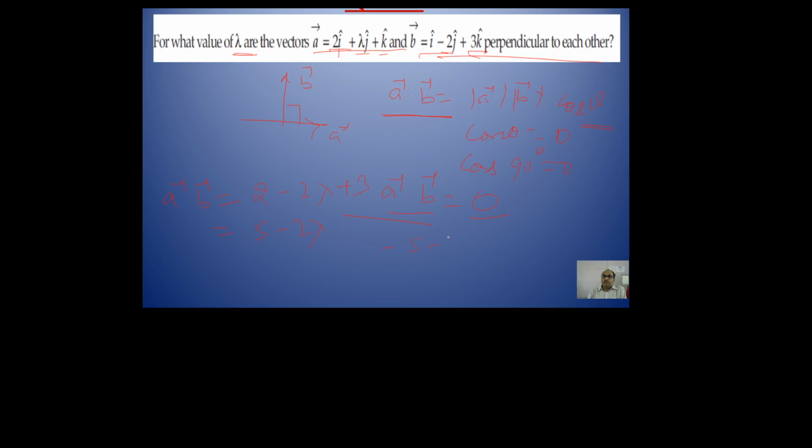It means 5 minus 2 lambda is equal to 0, and further 2 lambda is equal to 5, and lambda is equal to 5 by 2. So for the value of lambda equal to 5 by 2, these two given vectors are perpendicular to each other.